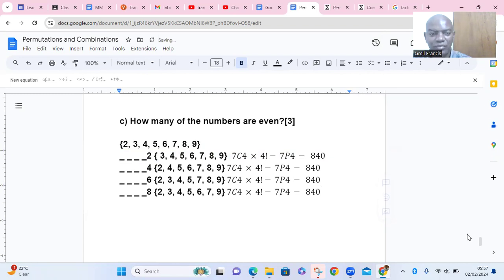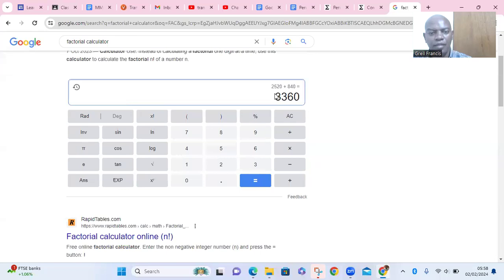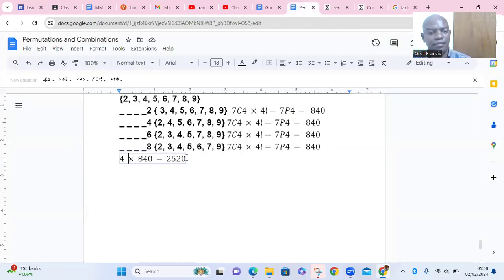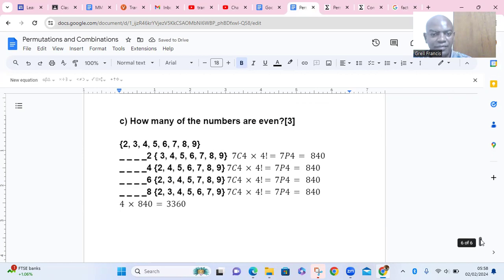So basically, that will be 4 times 840, and that's 3,360. So that's the answer for part C.